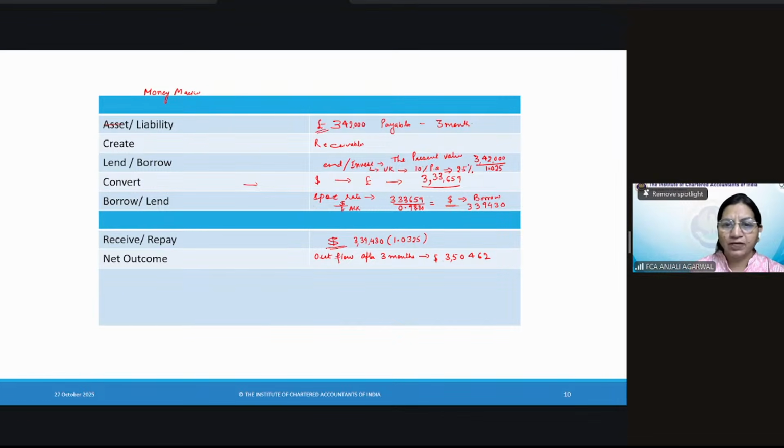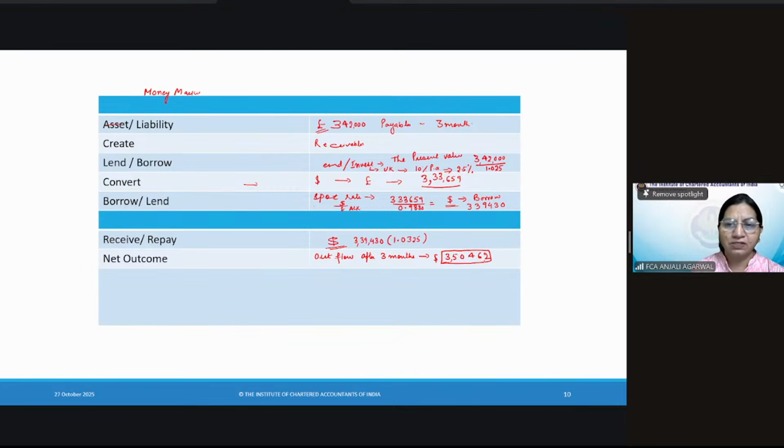So if you borrow 3,39,430 dollars in US today, convert it into pounds, invest in UK, and then receive it exactly after 3 months as 342,000. So this will ensure that your dollar outflow will be 350,462. This is what you have fixed. You have hedged your exposure.